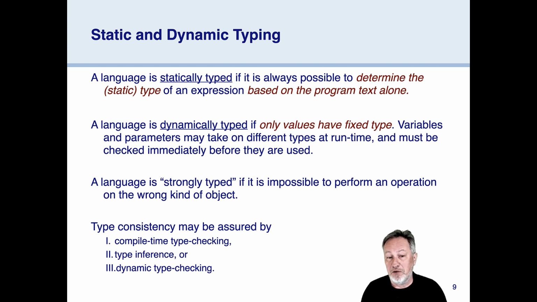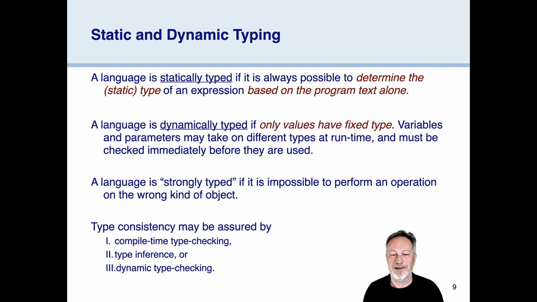There's a terminology of strong typing. A language is strongly typed if it's impossible to perform an operation on the wrong type of object. But I would argue that's not a very useful distinction, because pretty much any language has a clear notion of types, so it doesn't make sense to talk of strongly typed or untyped, but more whether languages are statically or dynamically typed.